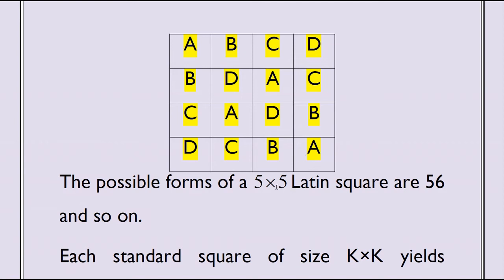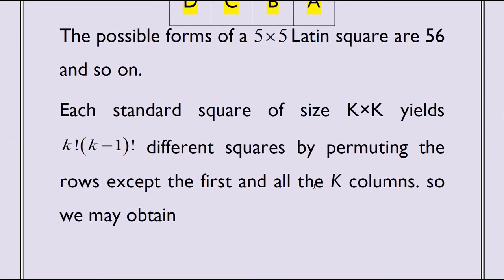And for a 5 by 5 Latin square, 56 standard Latin squares are produced, and so on for the next, 6 by 6 Latin squares. And each standard square of size k by k yields k factorial into k minus 1 factorial different squares by permuting their rows except the first, and columns.